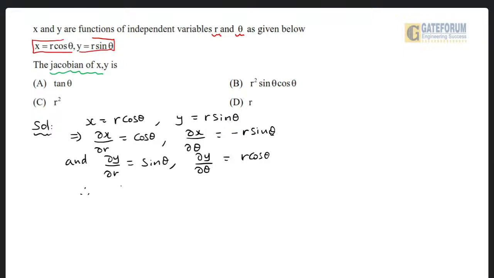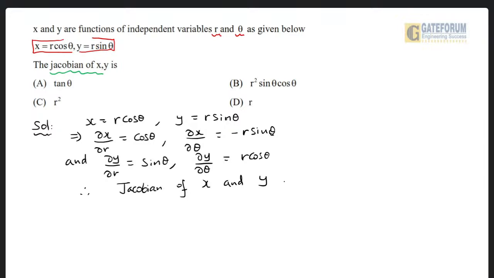Therefore, Jacobian of x and y. You can remember directly formula also. When xy change it to r comma theta, the Jacobian value is directly r. There are three standard systems: polar system, polar coordinate, spherical coordinate, cylindrical system. We have directly formula.